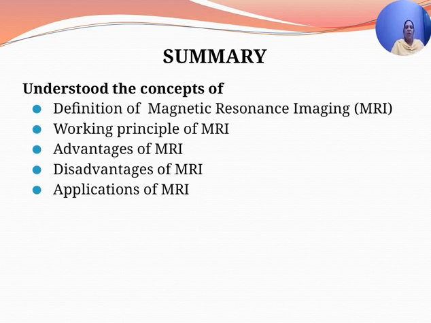MRI cannot be done for patients who are using cardiac pacemakers, who have metallic clips in their head from brain operations, a cochlear implant, or a metallic foreign body in the eye, if only 8 weeks have passed since a surgery, and if you are a pregnant woman.